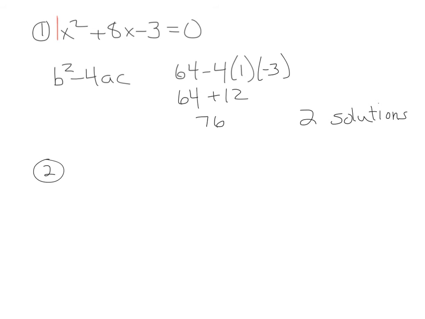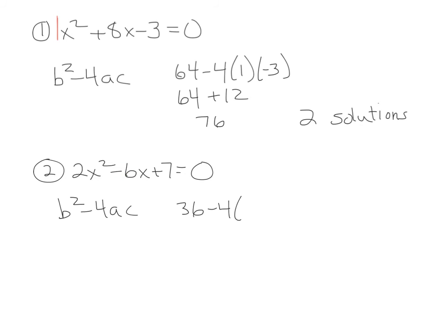Number 2. Let's say you have 2x squared minus 6x plus 7. Let's use the discriminant, b squared minus 4ac, to decide whether this has one solution, two solutions, or none. b squared: negative 6 times negative 6 is 36, minus 4 times a, which is 2, and c is 7.